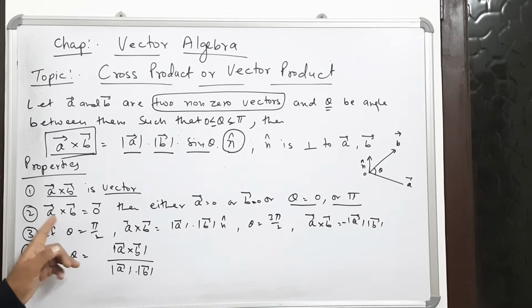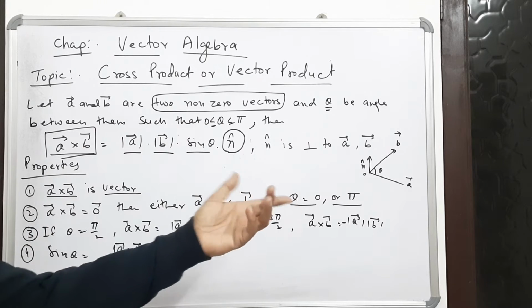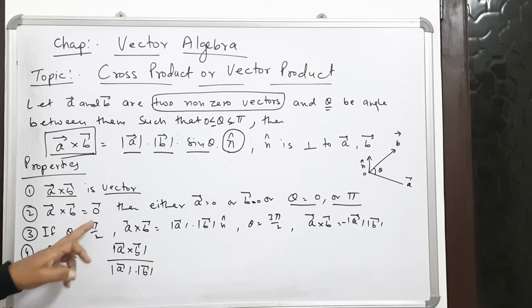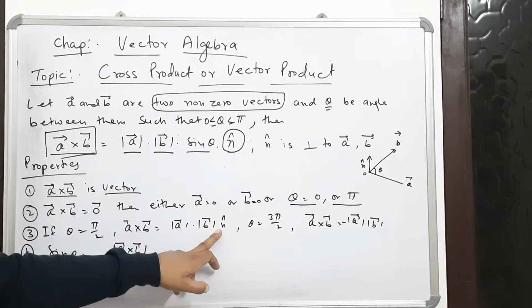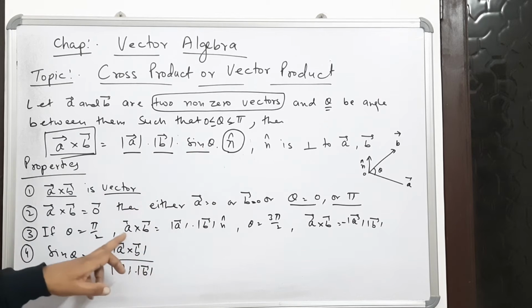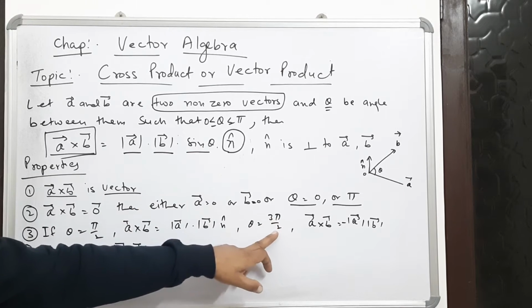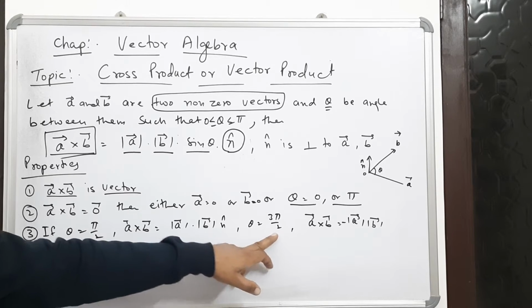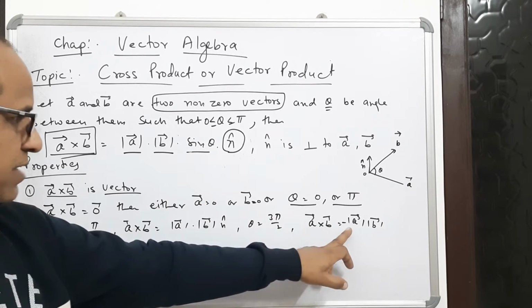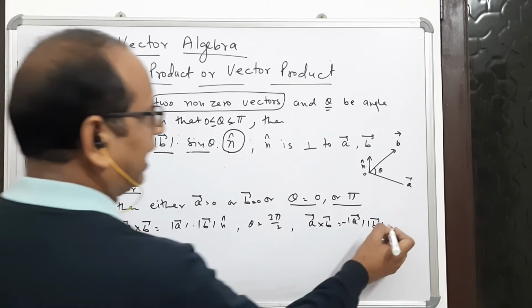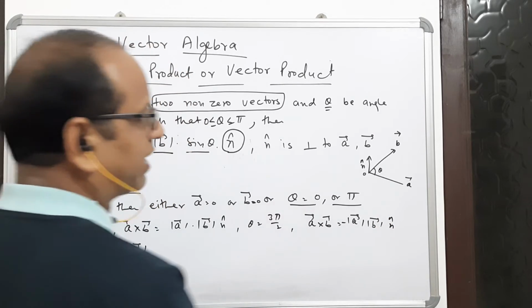And what happens in the dot product? They are perpendicular. If theta is 90 degrees, then you know the value of sine 90 is 1. And if theta is 3 pi by 2, that is 270 degrees, then sine 270 is minus 1, and n cap will also be taken accordingly because this is a vector quantity.